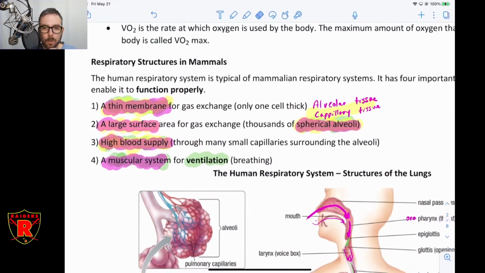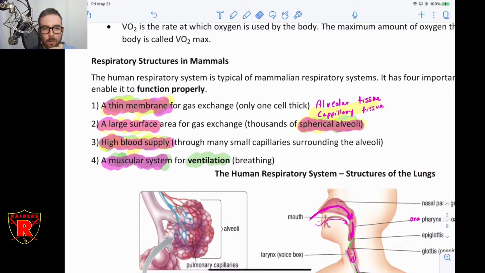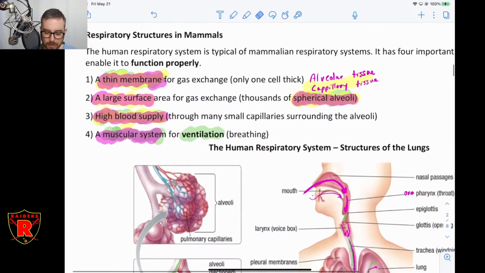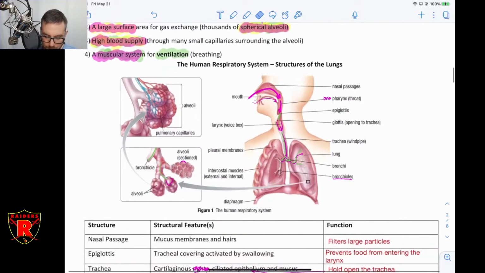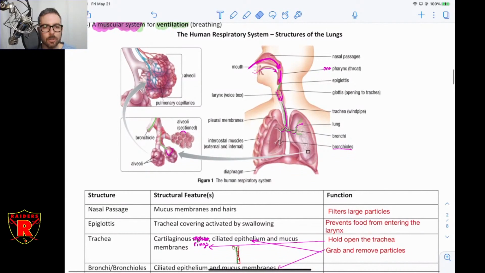Okay, so those are the four main things that are required for a mammalian system to function properly. And we basically talked about where you find all of those things in the mammalian system. So I want to very quickly talk about some key structures. We're going to follow the system down from the mouth all the way down to the fine structures and talk about some structural features of each of these.